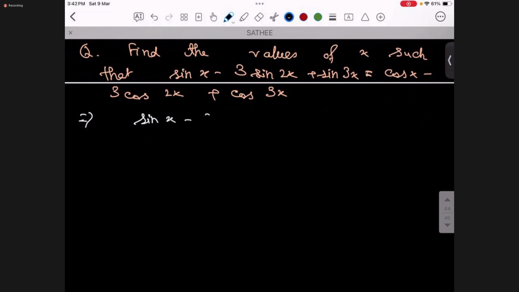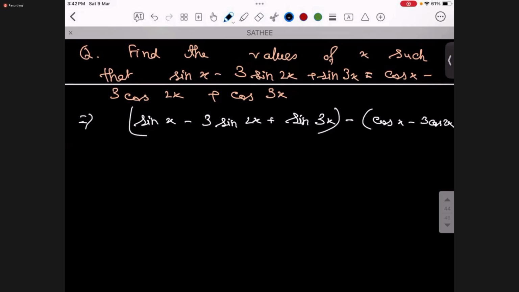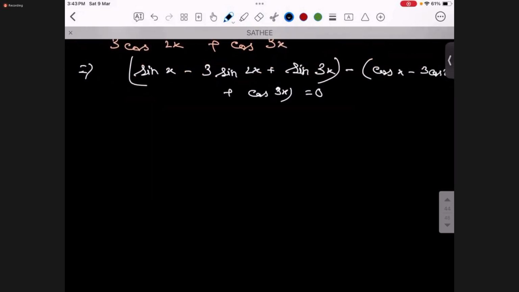Sin x minus 3 sin 2x plus sin 3x, minus cos x minus 3 cos 2x plus cos 3x, this is equal to 0.